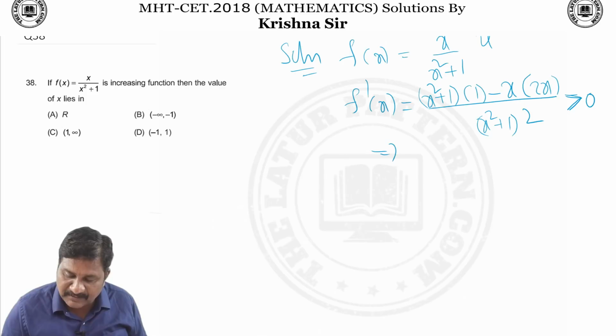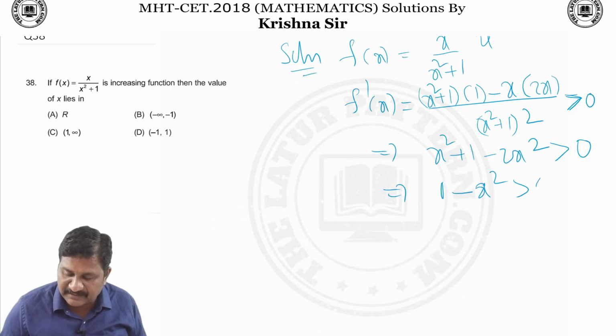Then simplify: x square plus 1 minus 2x square. The denominator is positive, so you take that side and it becomes positive, greater than 0, so 1 minus x square is greater than 0. Now multiply by minus: x square minus 1 is less than 0.